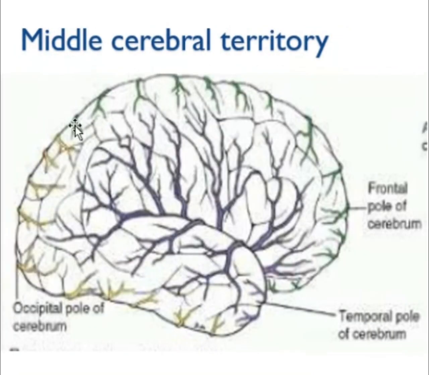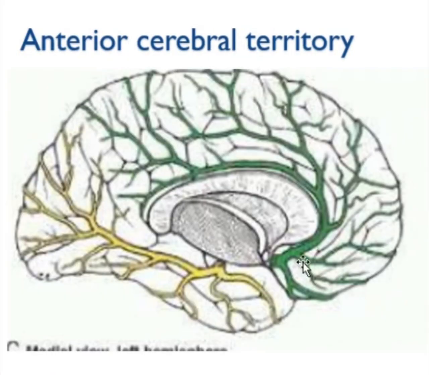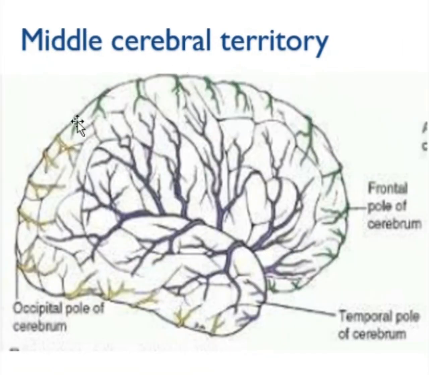These are the spillover branches of the anterior cerebral artery. After it has supplied the medial aspect of the frontal lobe and the parietal lobe, it sends spillover branches which are going to supply a narrow strip on the superior aspect of the lateral aspect of the hemisphere. These are the branches of the anterior cerebral arteries which are spilling over.